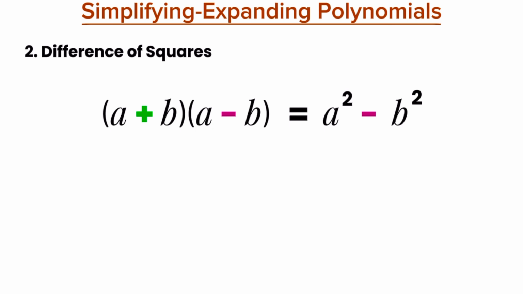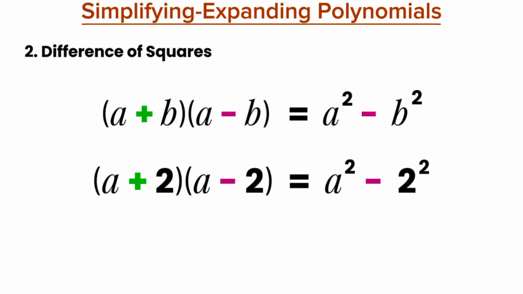So now, when we multiply a plus 2 times a minus 2 and simply put it into the expanded formula, we get a squared minus 2 squared. A squared remains as it is, and b squared, which is 2 squared, becomes 4. Therefore, the final answer is a squared minus 4.